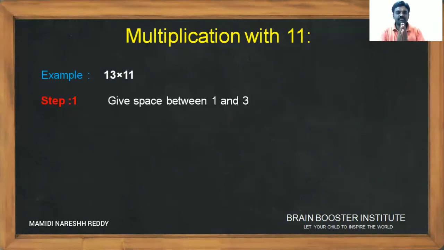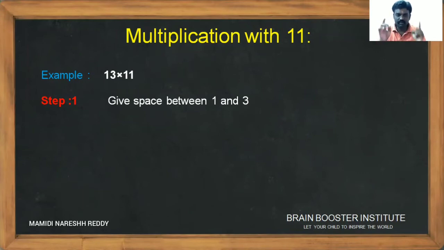Step one: give space between 1 and 3. As you know, multiplying a two-digit number with 11 gives at least a three-digit number or a four-digit number.